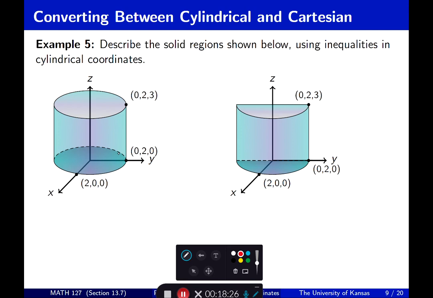Cylindrical coordinates have 3 coordinates. Here I see the bottom part is z equal to 0, the top part z is equal to 3. So z is between 0 and 3, also for that one.